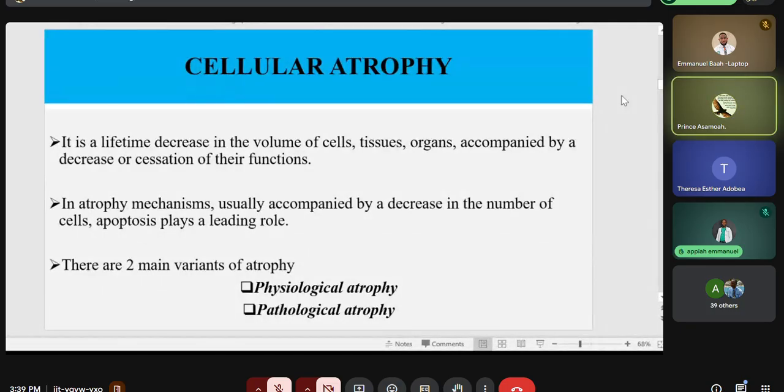Yes. So it is an adaptive mechanism. And with that adaptive mechanism, the thing is losing its volume. The cells are shrinking, the tissue is shrinking, the organ is shrinking. We all know that the person's langa was this big, and then time goes on, and the langa becomes small and small like that.